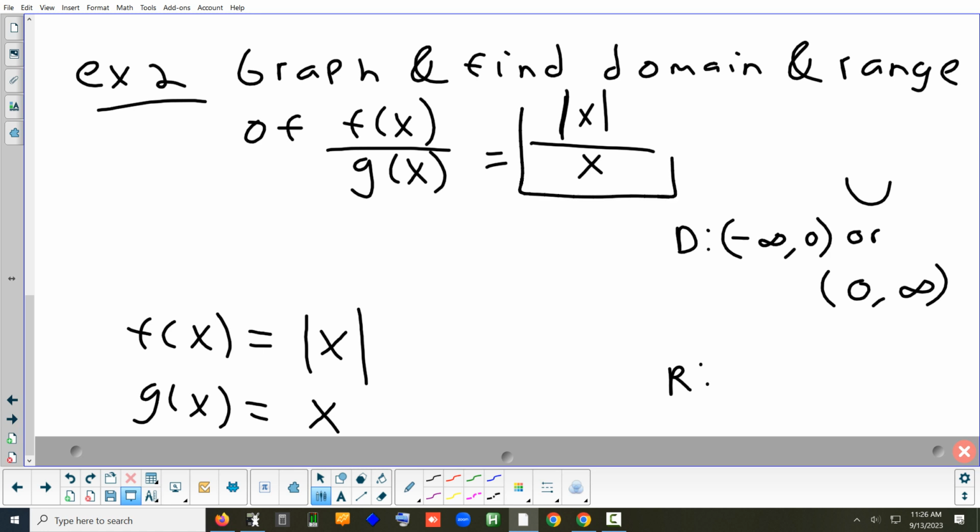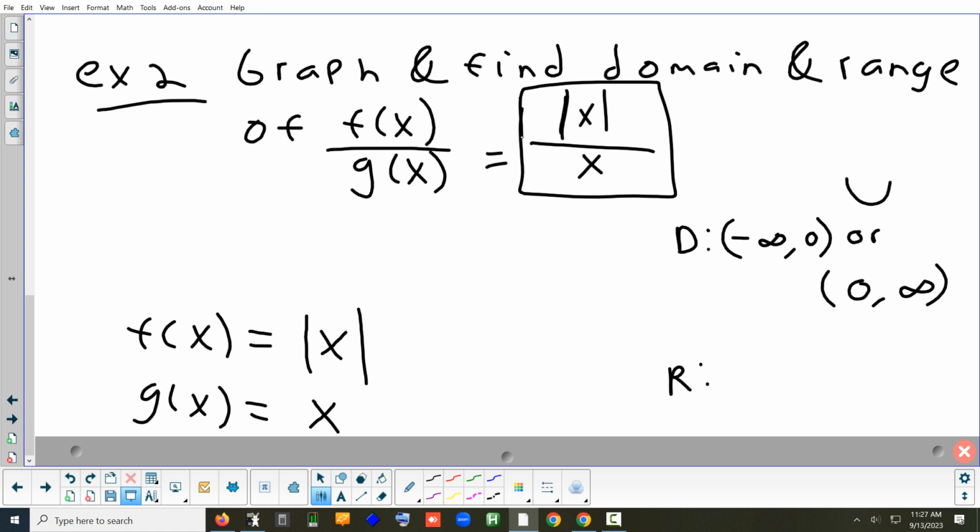Now let's think about the range. What would you get if you plug in 5 into what I just put a box around? Well, it would be 1. The range can only be between 1 and -1. Those are the only 2 values. If you plug in a positive number for x, the answer will always come out to 1.